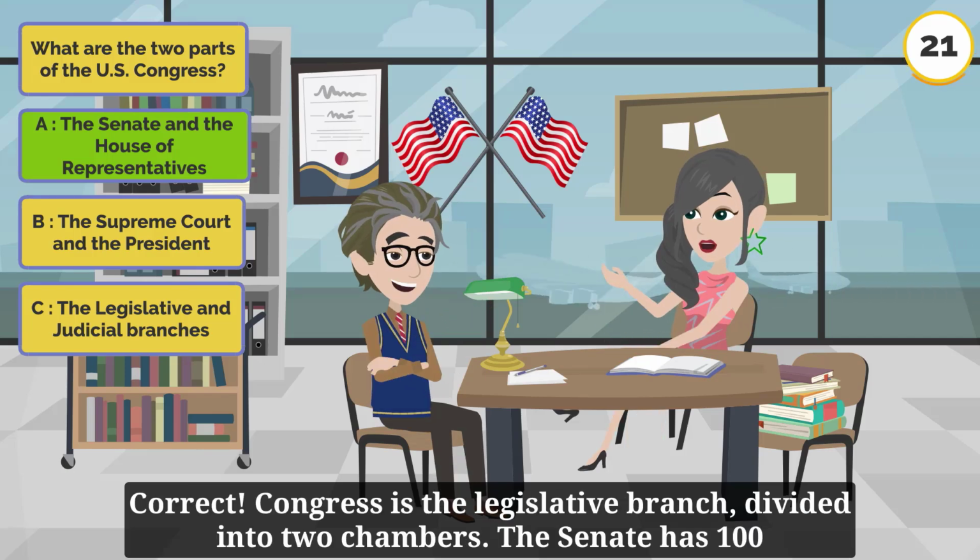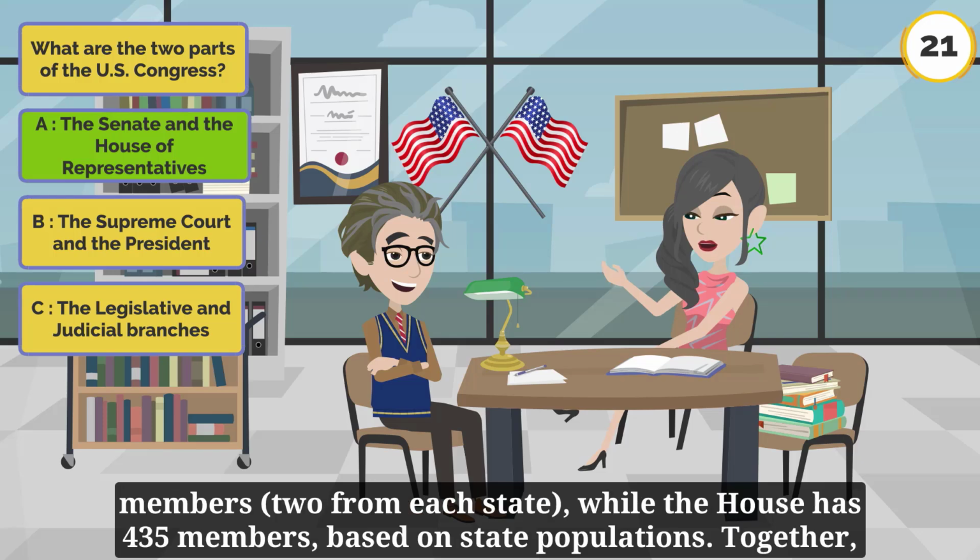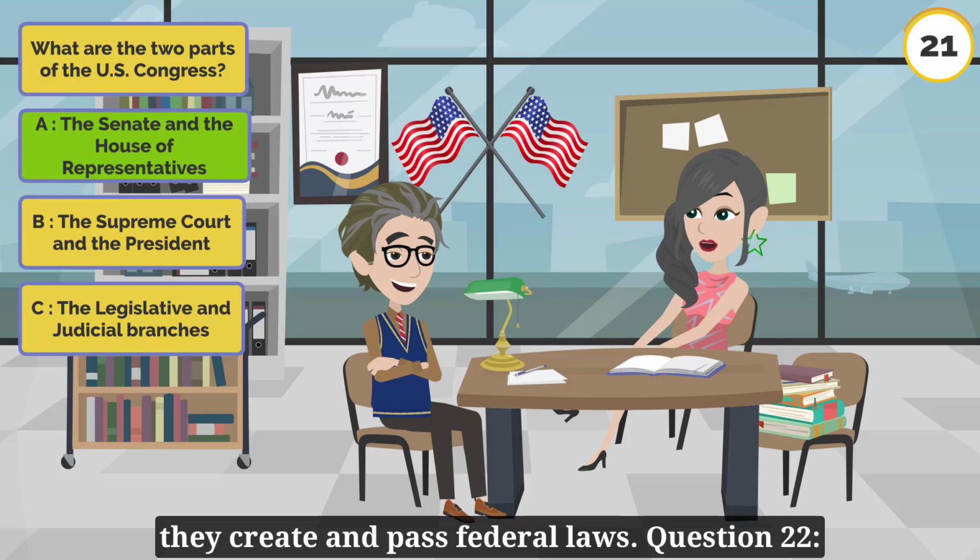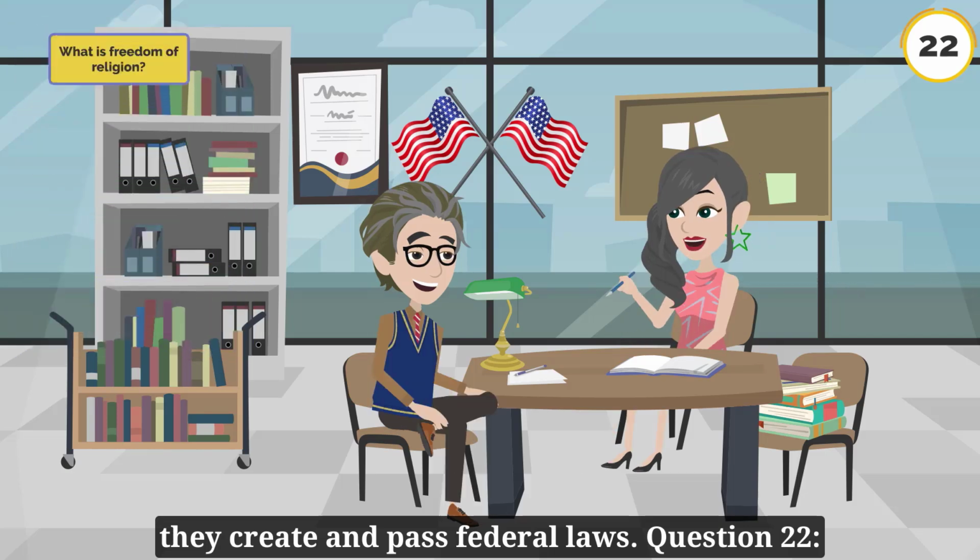Correct. Congress is the legislative branch divided into two chambers. The Senate has 100 members, 2 from each state, while the House has 435 members based on state populations. Together, they create and pass federal laws.